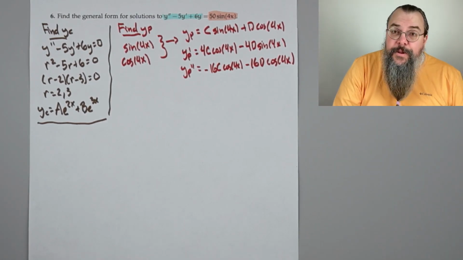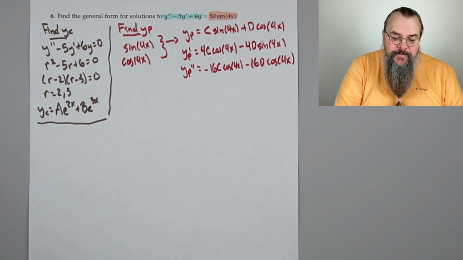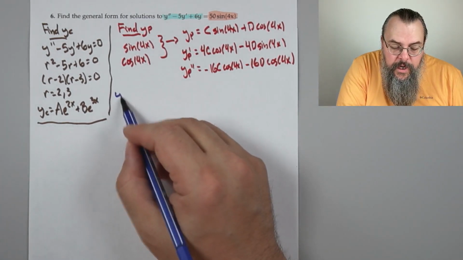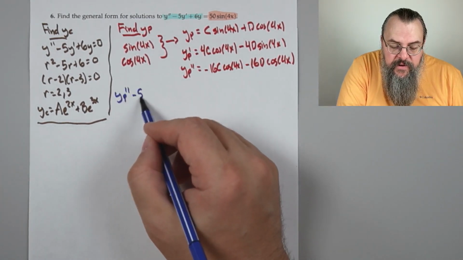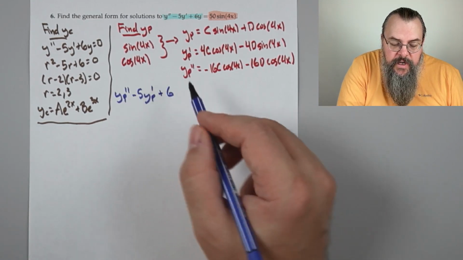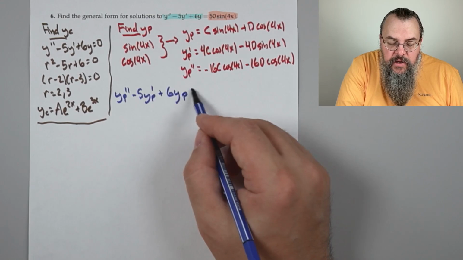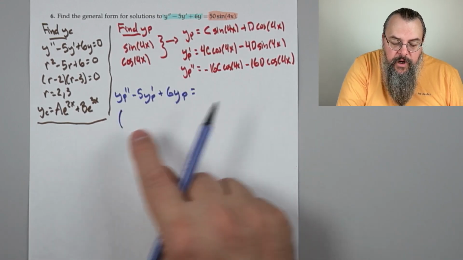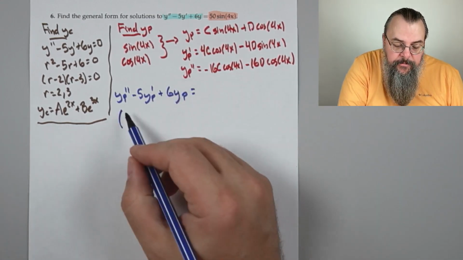Okay, this is one of those things you just have to be patient. So we're going to do yp double prime minus 5 yp prime plus 6yp, well, equals, okay, so yp double prime, copy that down.